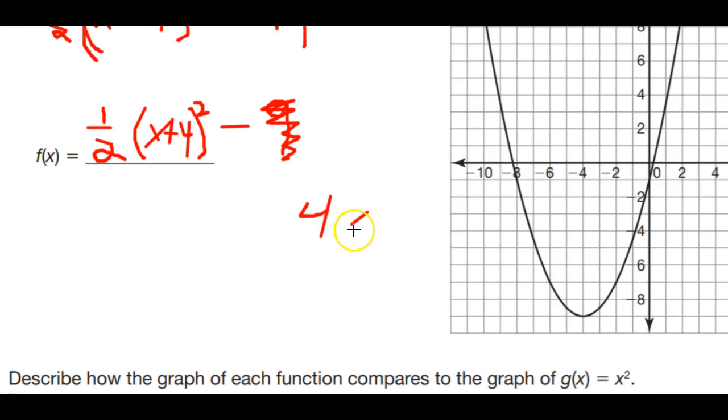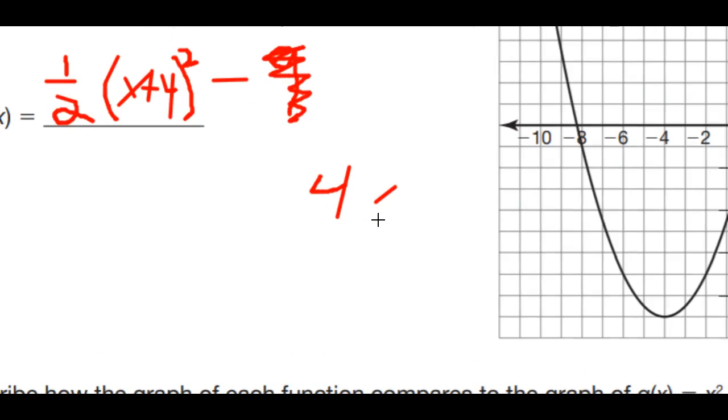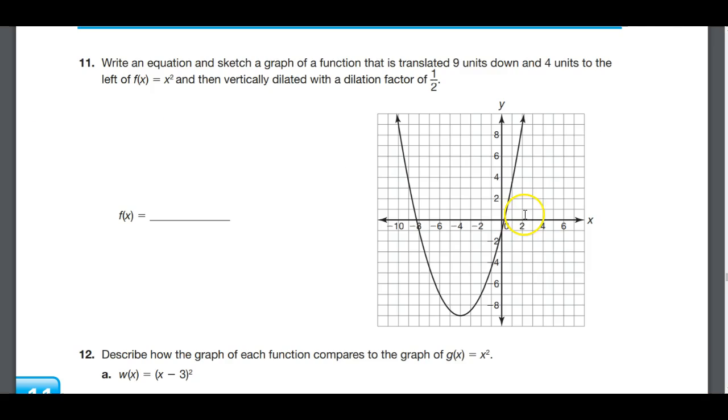Uh-oh. I don't know what's going on my screen. Hold on. All right, this one looks like it's already been moved down and over, and then vertically. If they vertically dilated it, then this would move up, right?